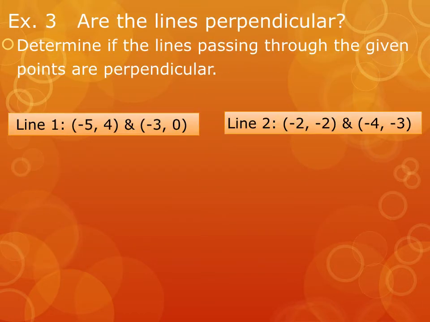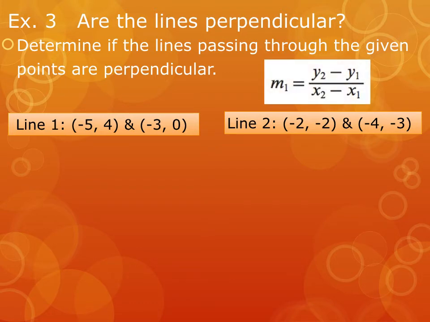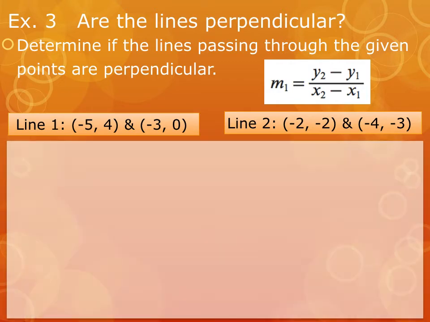Are these lines perpendicular? And here we're given 2 points, and line 1 goes through those 2 points. Line 2 goes through those 2 points. Without a coordinate plane, we could use the slope formula, y2 minus y1 over x2 minus x1.